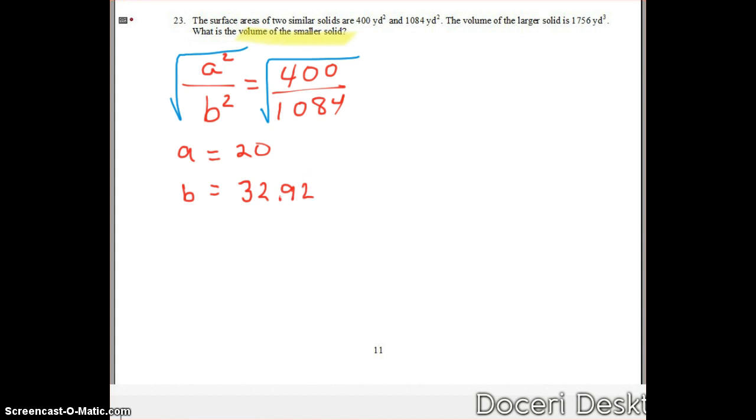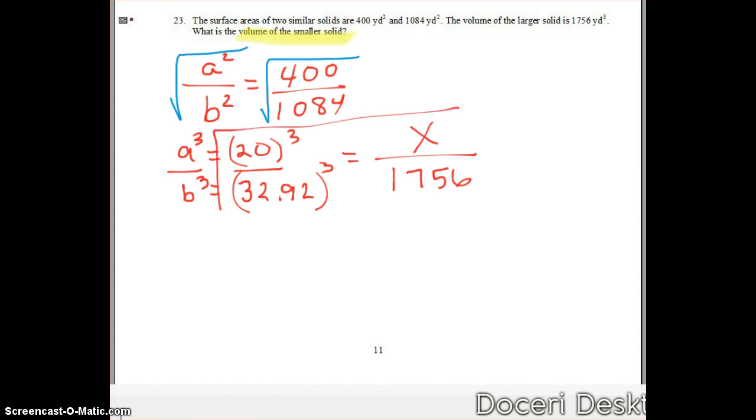And then if I take those and I cube them, that's equal to the ratio of the volumes of the figure. We don't know the smaller one, so I'm going to put an X there, but we do know the larger one is 1756. So I'm going to put that there, and I'm going to work this proportion. Do a little cross multiplying.